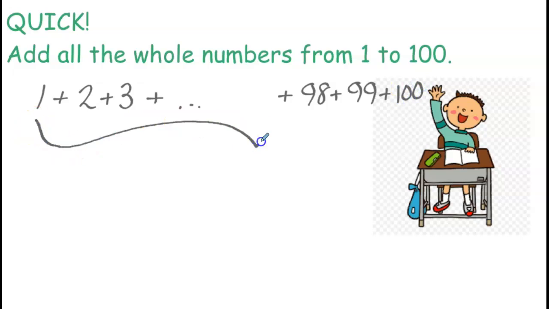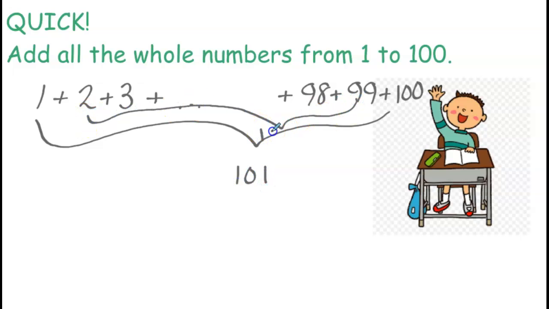If you added up 1 and 100, you got 101. If you added 2 and 99, you also got 101. If you added 3 and 98, you also got 101. So what's being noticed here is that we have many pairs, and in this case, since there's 100 numbers, half of that is the number of pairs.